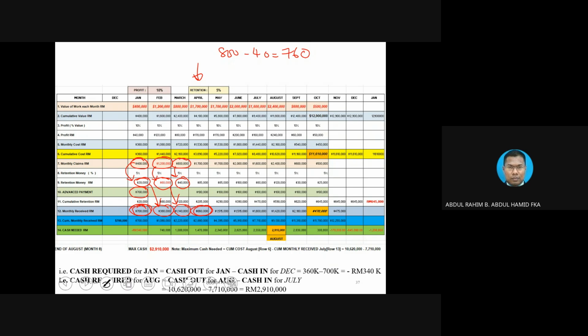You notice that on April, here, this amount is going to be deducted. Even though the contractor is supposed to receive 760, correct, the client is going to deduct 100. 100 is the advance payment deduction.